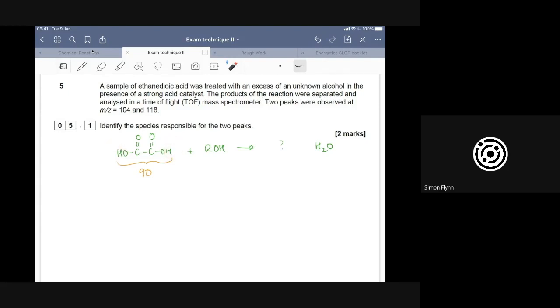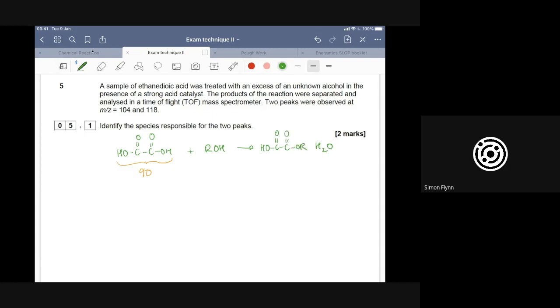So let's just focus on the most simple one, right? The most obvious, if you like, rather than simple, would be that our product was HOCO. That would be our most simple product, wouldn't it?